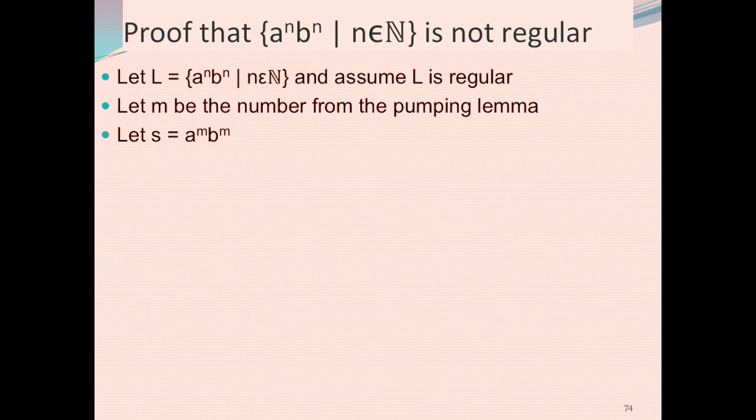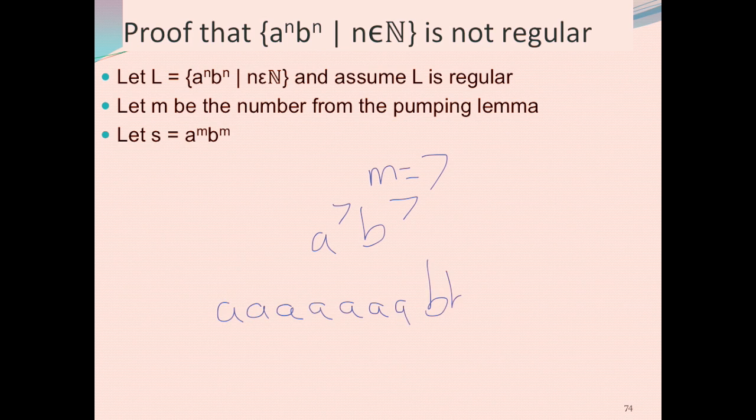Maybe it has 7 states. Well, that means that M is 7, so my string is going to be A to the 7, B to the 7, which is 7 A's and then 7 B's. So in that case, this is what S would be.